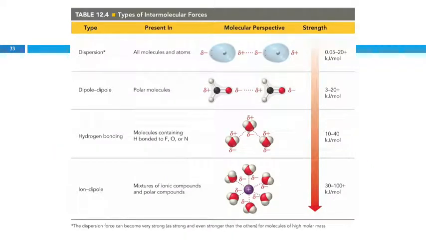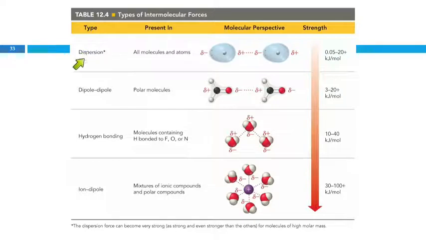And then this is a table that summarizes these different intermolecular forces. It's important to know the basics of what these forces are. They are all attractions between opposite charges, but the source of that charge varies. We should know their relative strength.